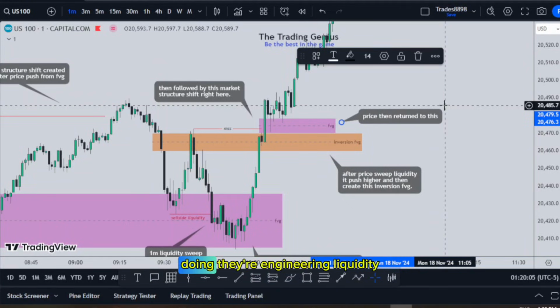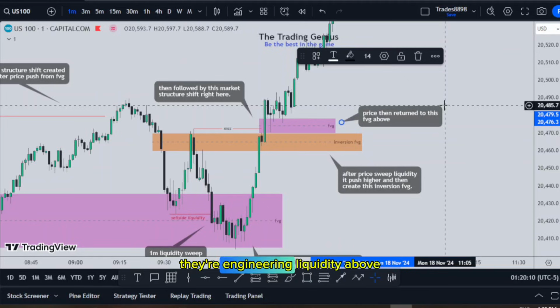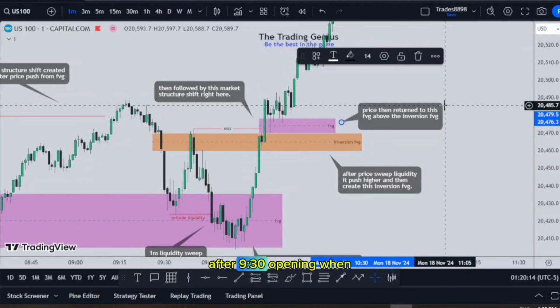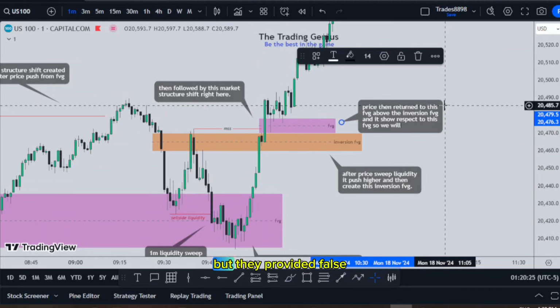So what is that doing? They're engineering liquidity above the initial high of the day after the 9:30 opening, when it's a bullish day. Everything I'm saying here, just reverse everything when it's going lower. It's very simple logic. But they provide a false narrative.